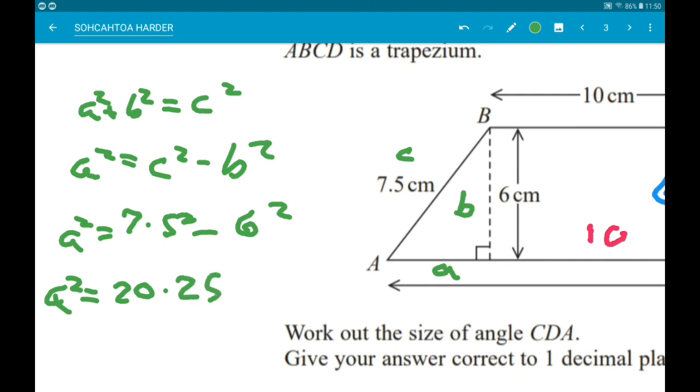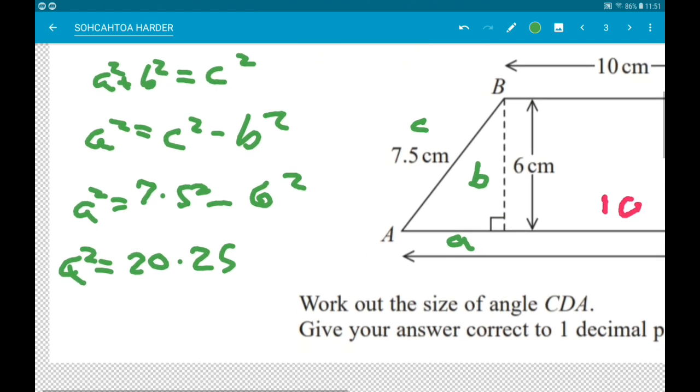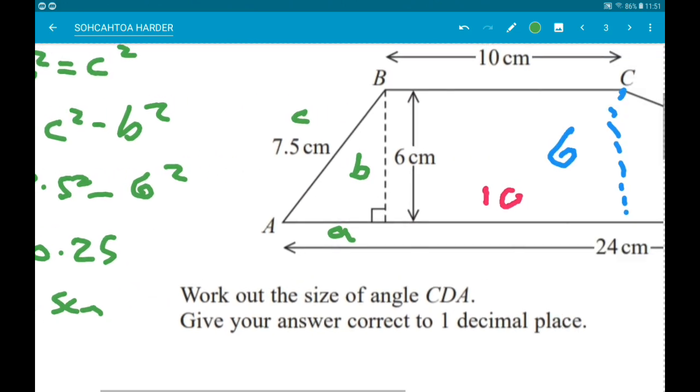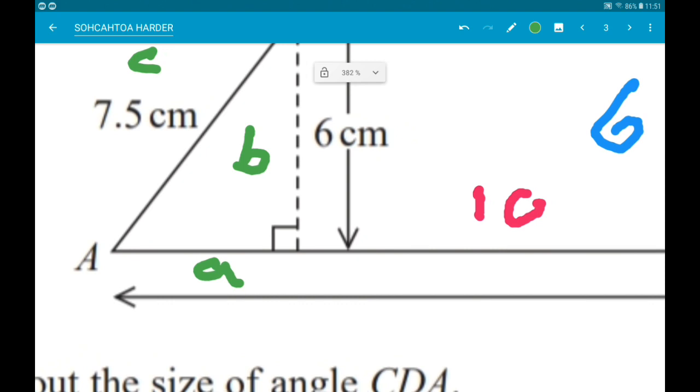Now to get A itself, we need to square root. So A is 4.5 centimeters. Okay, so now we know this length.